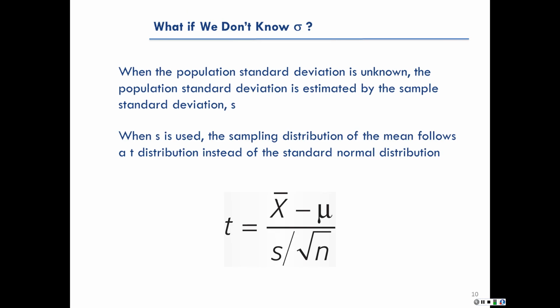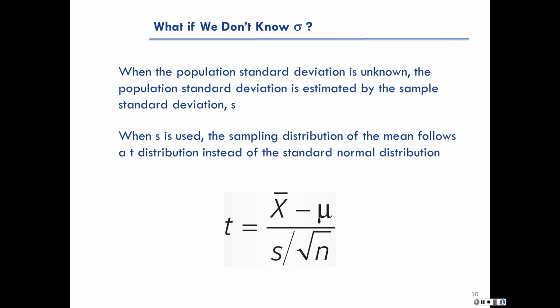Okay, so the question you might have is, well, what if we don't know sigma, the population standard deviation? And so if it's unknown, and I kind of hinted at this in the last lecture for Module 7, we estimate the population standard deviation using the sample standard deviation S. And so when S is used, the sampling distribution of the mean no longer follows a Z distribution.